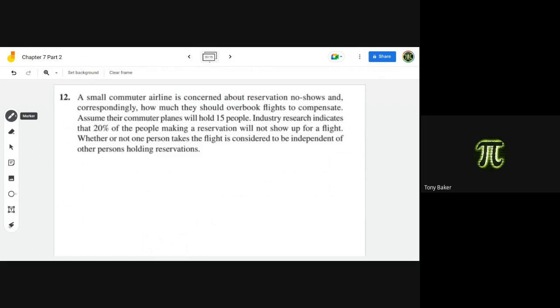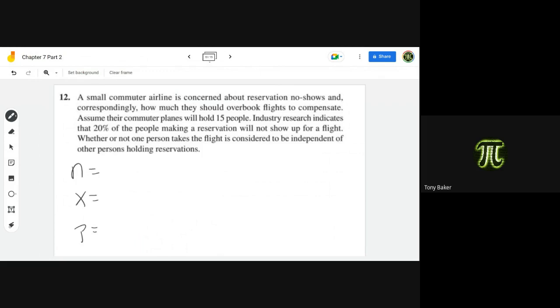Okay, so if I can only have 15 people on my flight, I still need to figure out my N, my X, and my P. In this case, what is my probability of success?